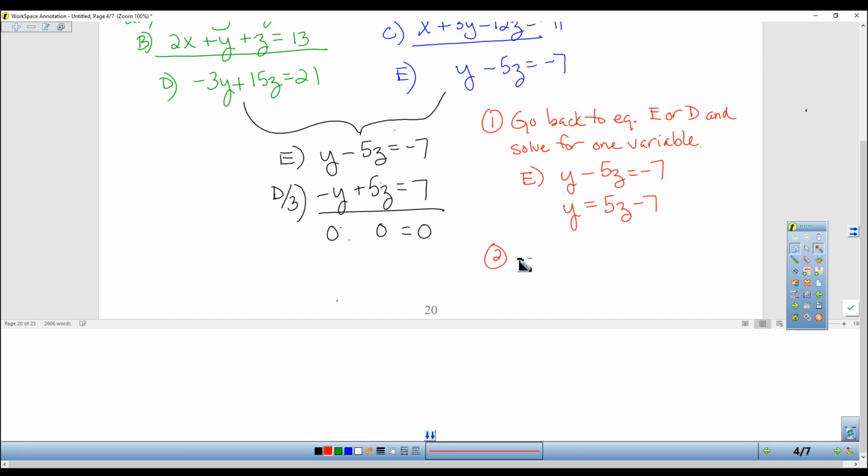Step 2, put this in your ordered triple. Now all answers must use that variable.